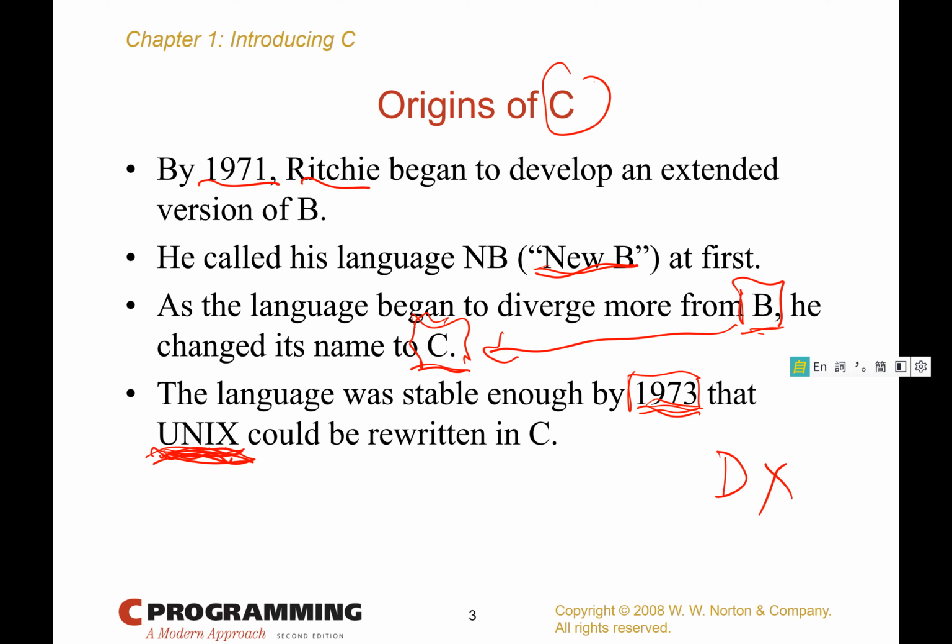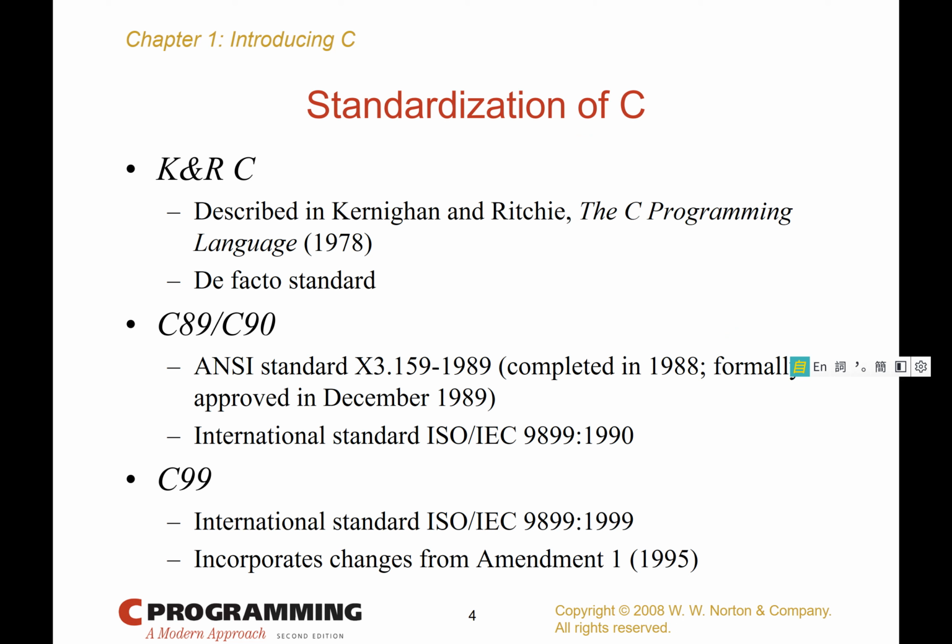And Unix is written in the C language, so we can say that C is so powerful that it can develop very low-level, machine-level procedures. So Unix can be developed by the C language.